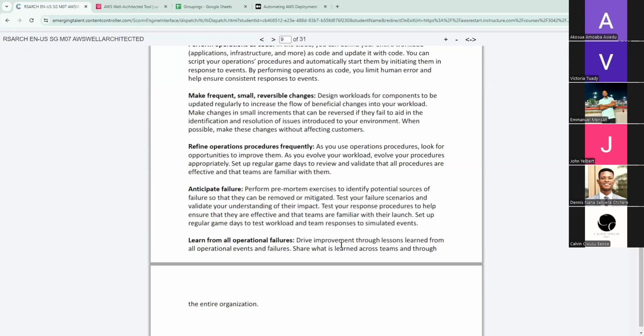But if you start doing a pre-mortem, where you anticipate what can go wrong, then you will prepare for how to mitigate it, and you and your team will see, in case any such thing happens, how quickly you can come back online.